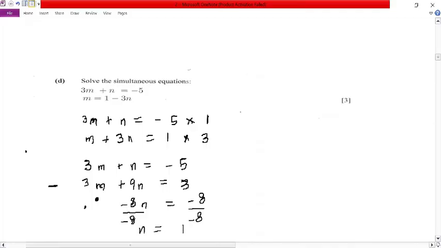Now that we know that our n is 1, to find our m, we just use the second equation. So m is equals to 1 minus 3n.